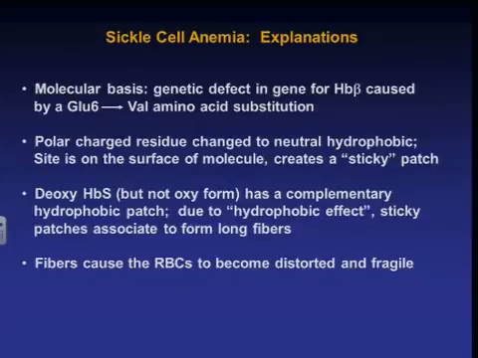If you look at this, that was dramatic. The glutamic acid is negatively charged, and you're going to valine, which is nonpolar. So that's a big change. You're going from something very hydrophilic and charged to something that's hydrophobic.